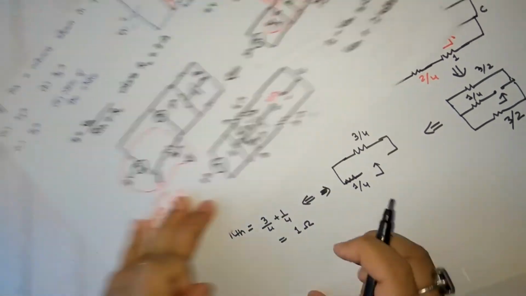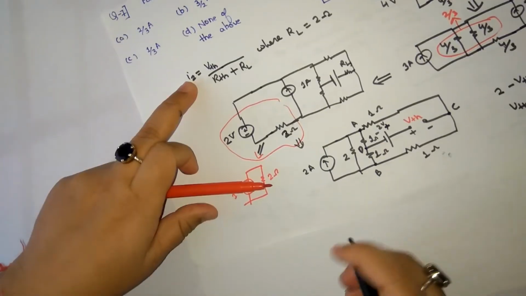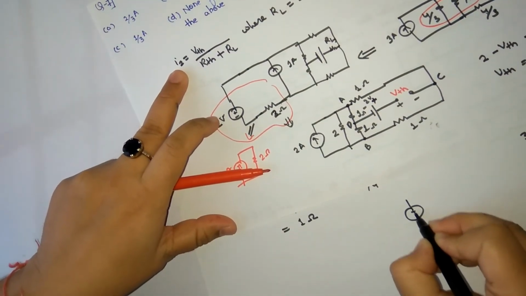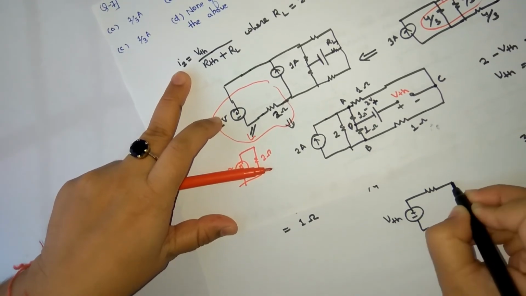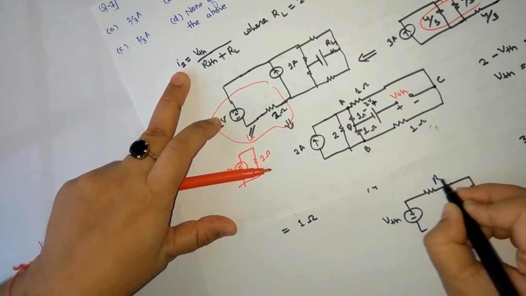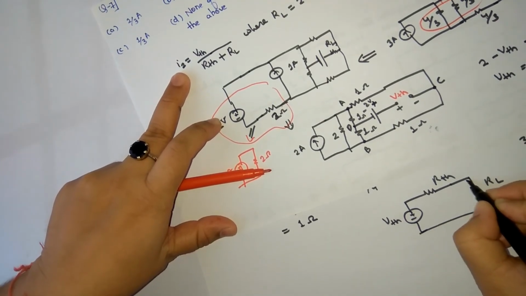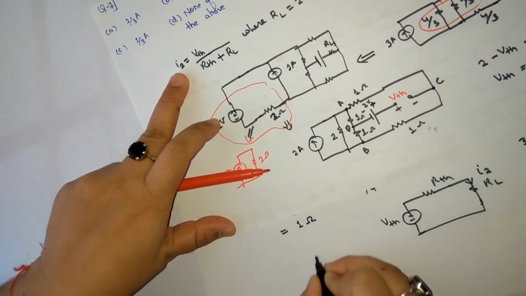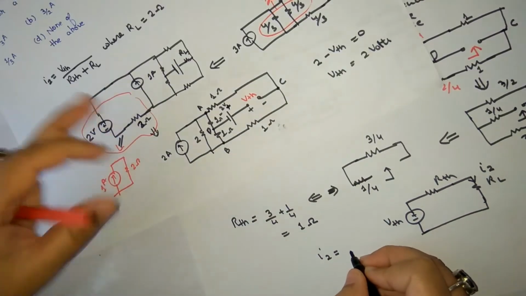And from here we apply the Thevenin's equivalent, and I2 will be calculated as follows. The equivalent circuit has VTH, RTH, and RL, and the current through RL is I2. So I2 is nothing but VTH upon RTH plus RL. What is my VTH?